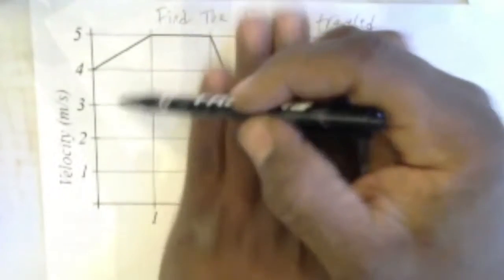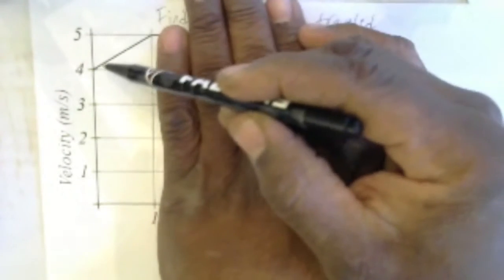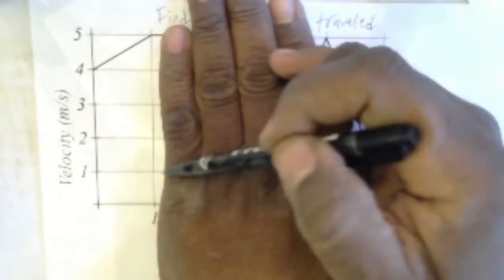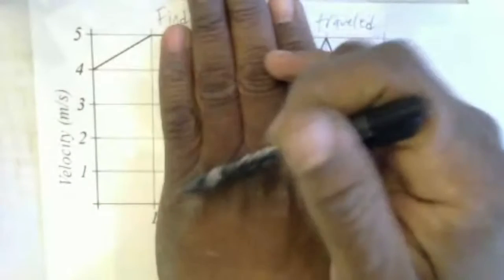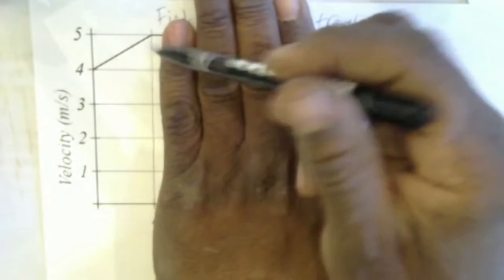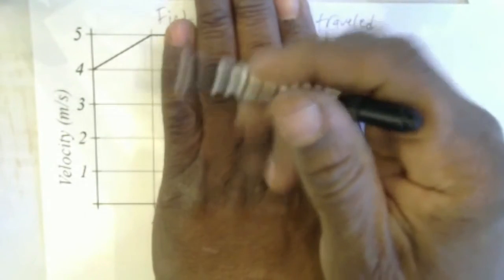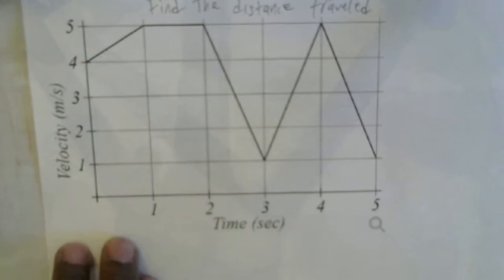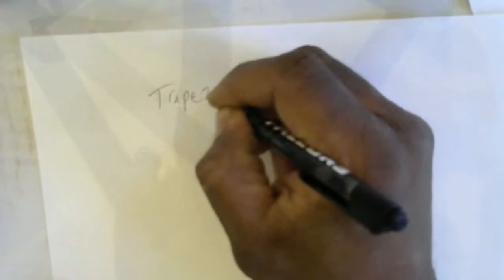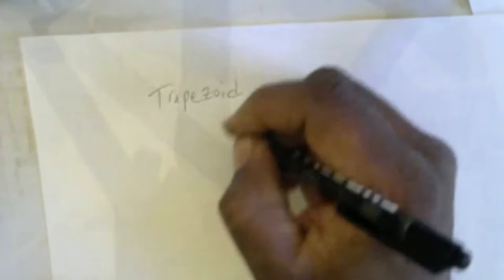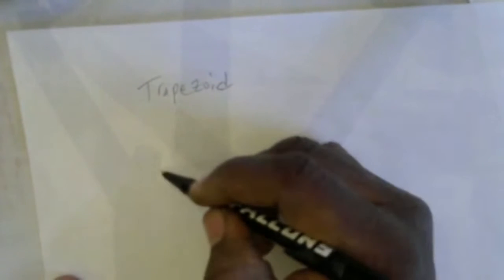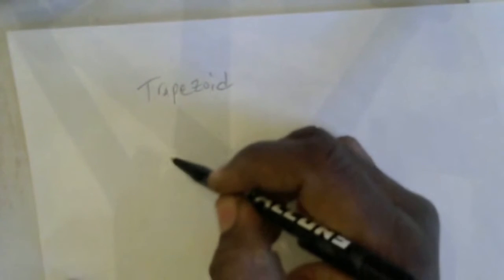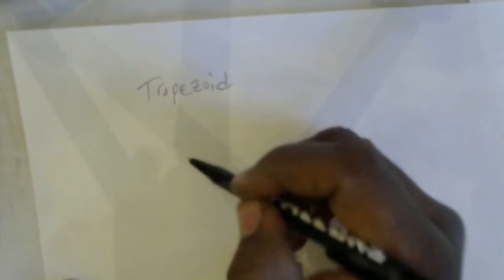Okay. So I'm going to look at this first region from 0 to 1, and I'm going to treat this as a shape. And that shape would be a trapezoid. So let me explain a trapezoid. For a trapezoid, it's a 4-sided figure. 2 of the sides are parallel.